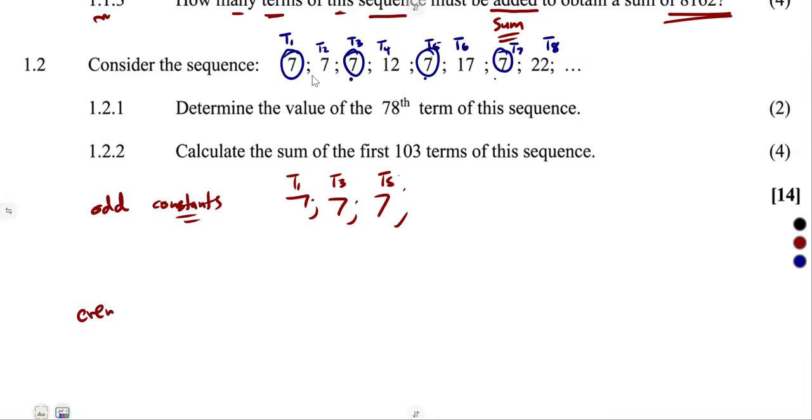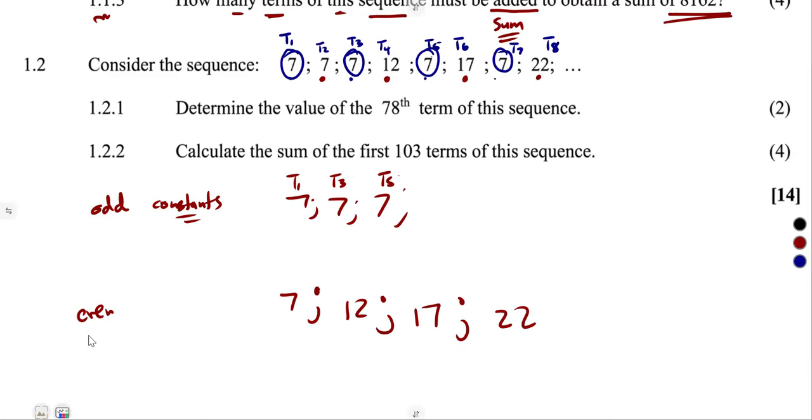Then there's another one which is remaining, definitely for the even terms, 2, 4, 6. So let's see what we are forming on the even. T2 is 7 here, so that one we do not know yet whether it is arithmetic. Then T4, which is 12, T6, which is 17, T8, which is 22.